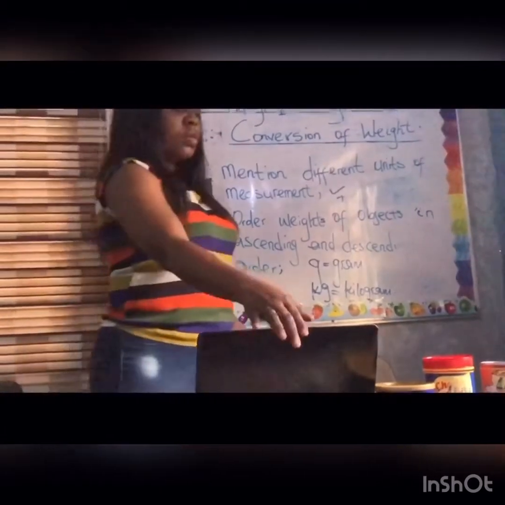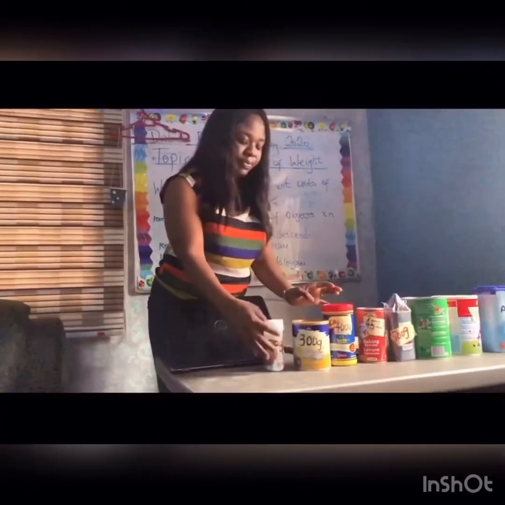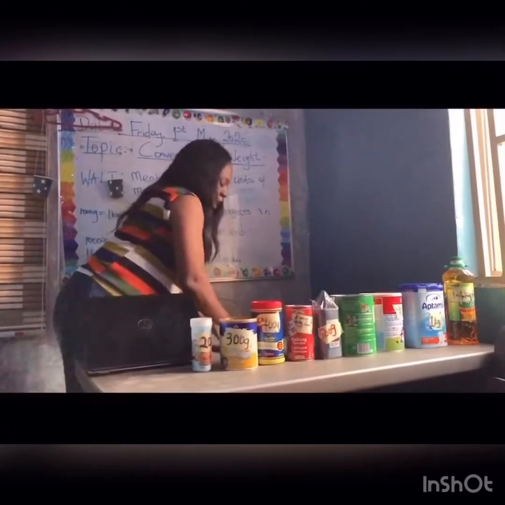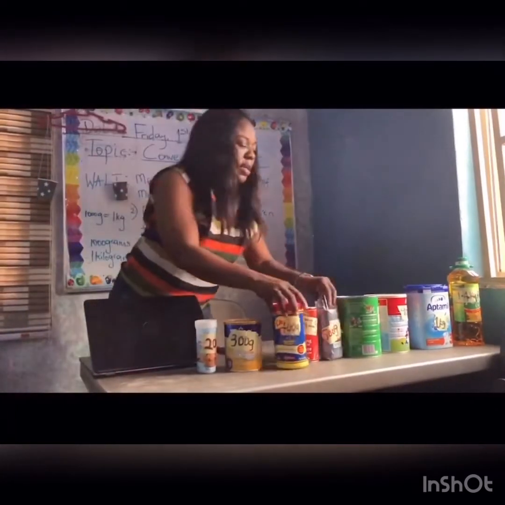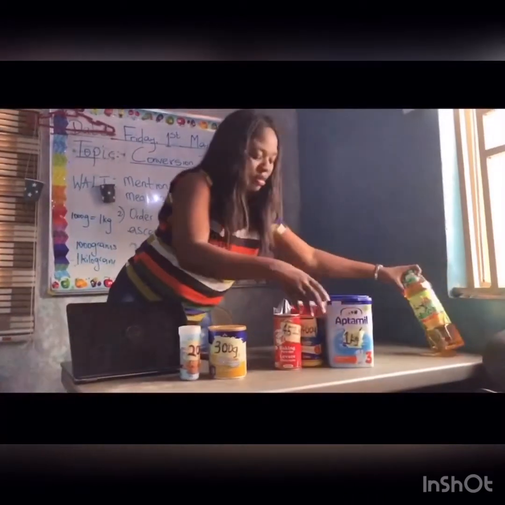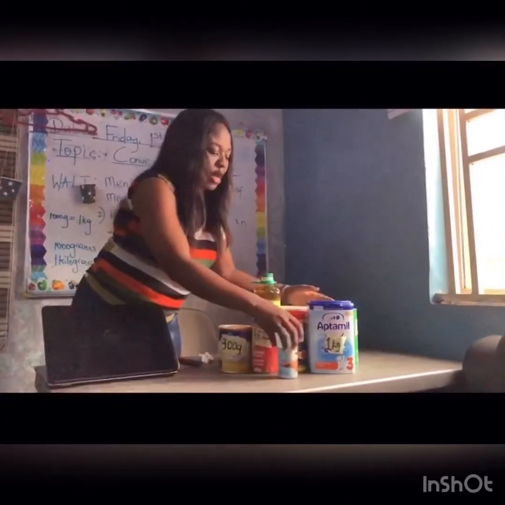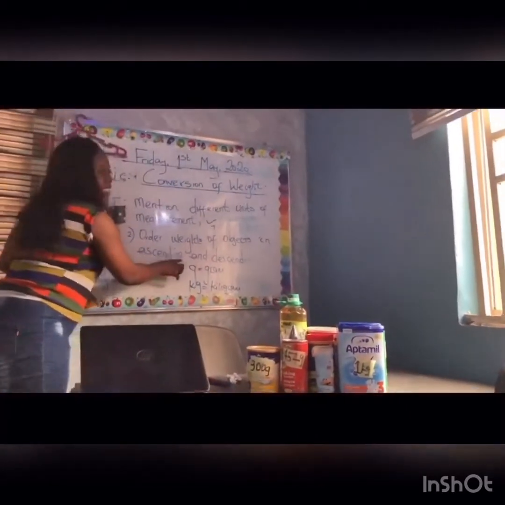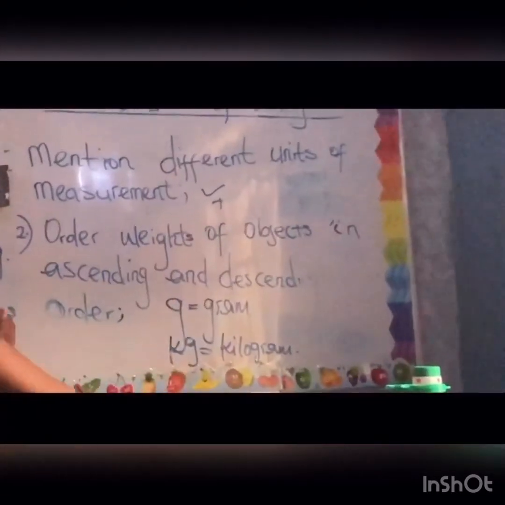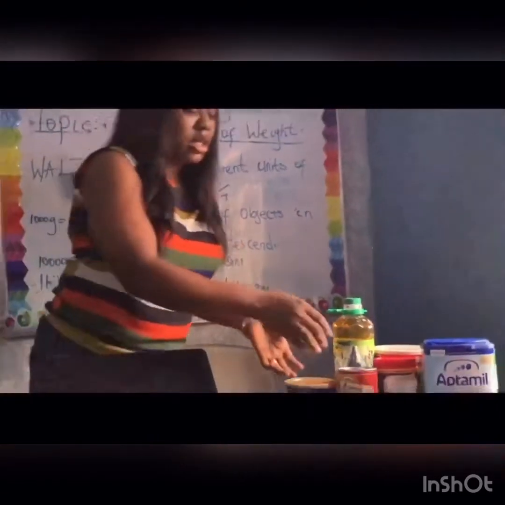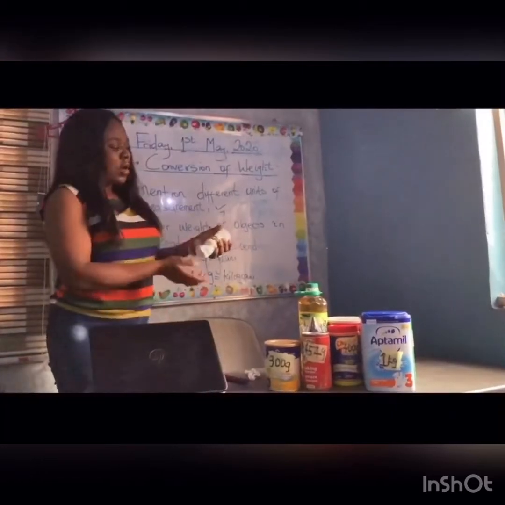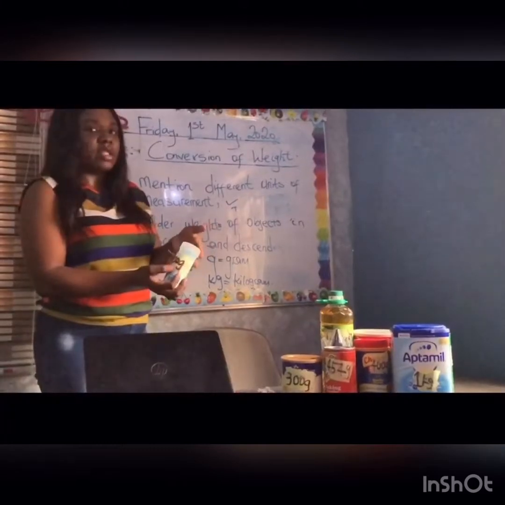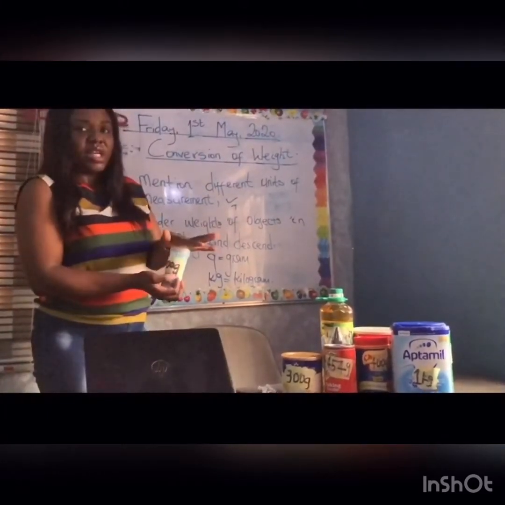All right? Look at these things I have here. I want you to take a close look at them. We are trying to order our weights before they could be mixed up. When I say order, I mean I want you to order it in ascending, from smallest to the biggest. The smallest or the lightest object, let me not use the word small, because how big a container is doesn't determine how heavy it actually is.